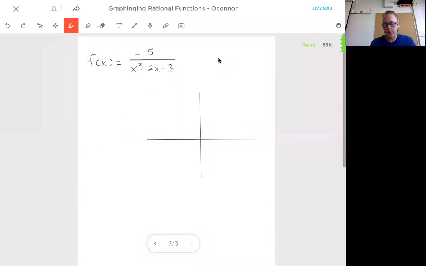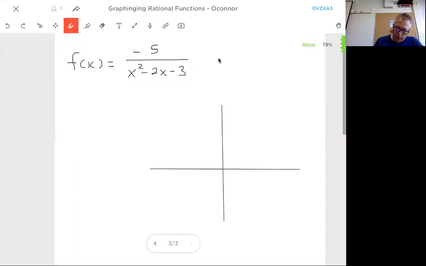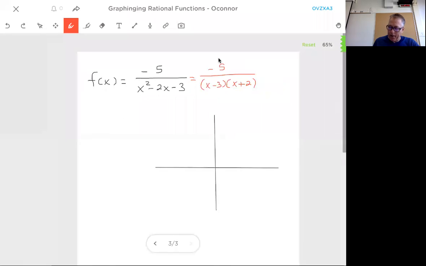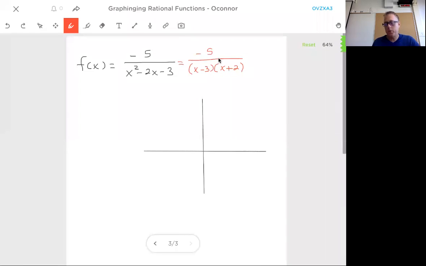Find the vertical asymptotes first. Vertical asymptotes are whatever make the bottom equal to 0. Well, I think I can factor that actually, and it probably looks a lot nicer if it's factored. I think that factors into x minus 3 times x plus 2. That means I have vertical asymptotes at 3 and -2.